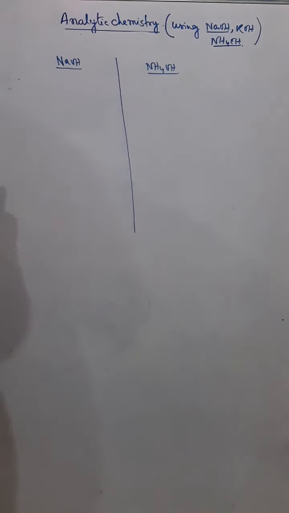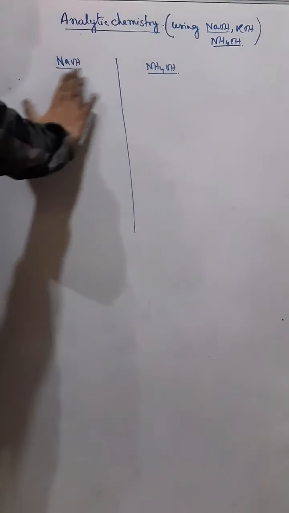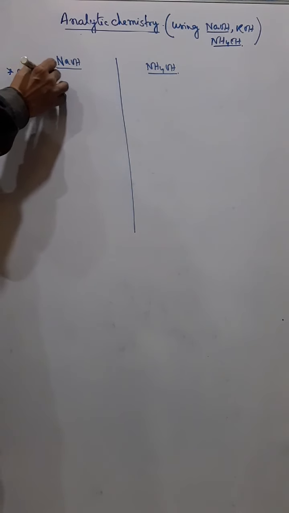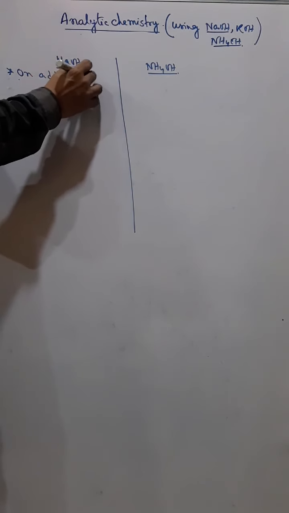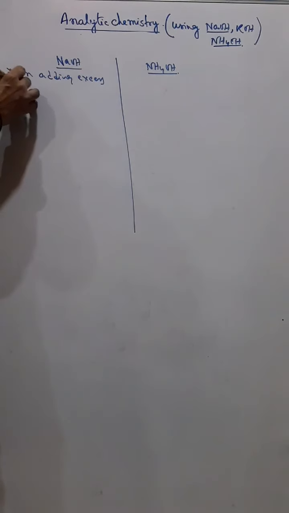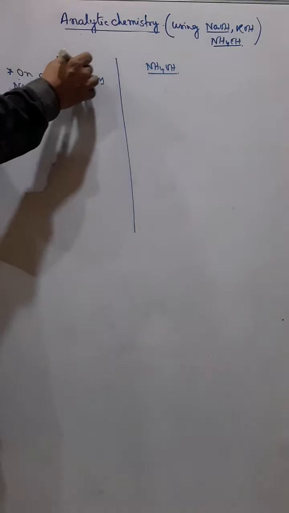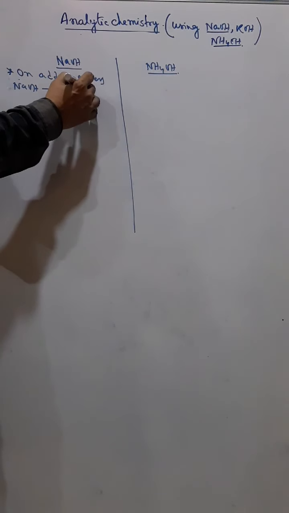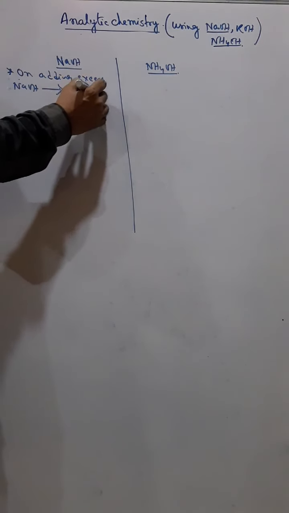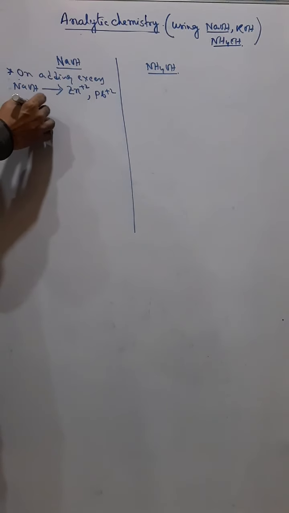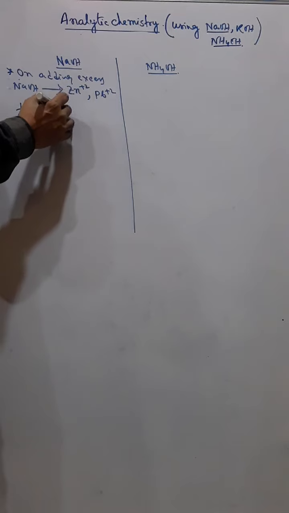Sometimes the students get confused in this too, because we have seen that on adding excess NaOH, to which two salts? In case of NaOH, you remember zinc plus 2 and lead plus 2, the PPT dissolves.